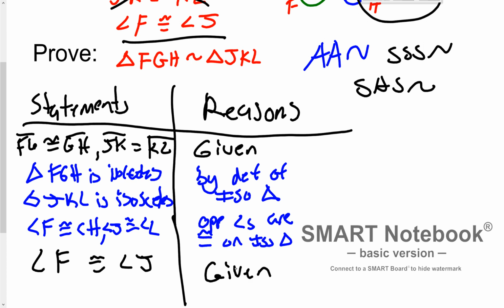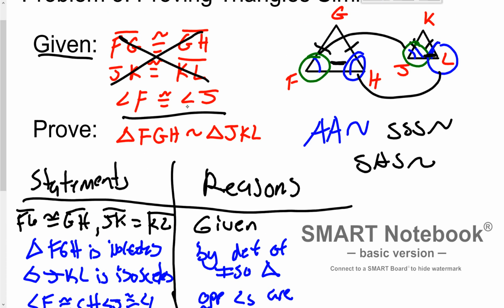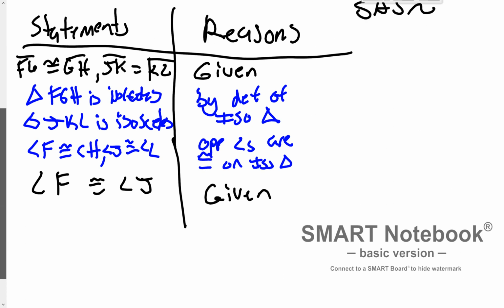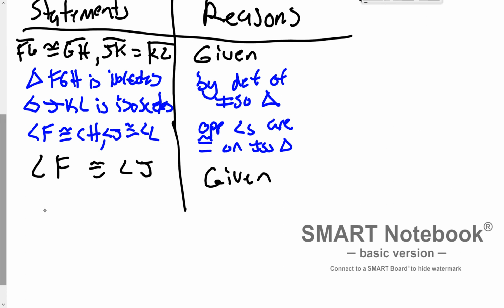If angle F and J are congruent, and J is congruent to L, then isn't L congruent to F? And if those both are congruent to F and H is congruent to F, then they're all the same measure. So basically that's what I say at the end here.